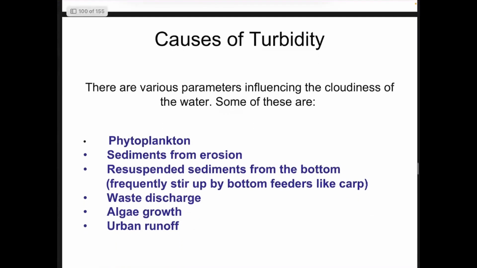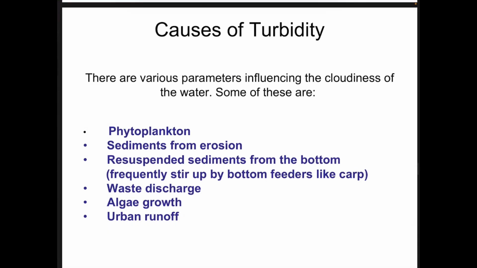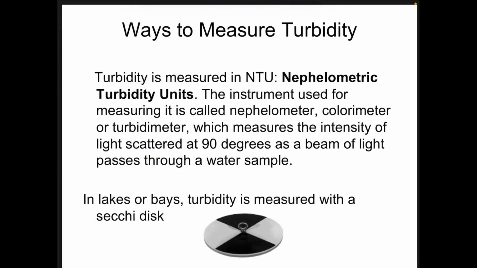So what causes turbidity? There are various causes. What are the ways to measure turbidity? Turbidity is measured in NTU, or nephelometric turbidity units. The instrument used for measuring turbidity is called a nephelometer.